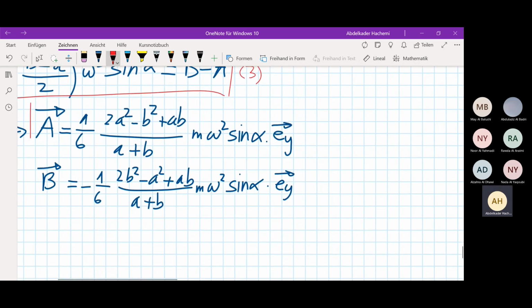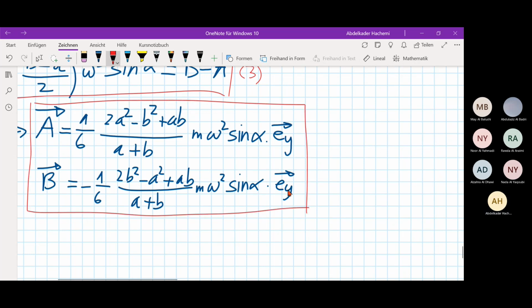These are now the reactions at point A and point B.